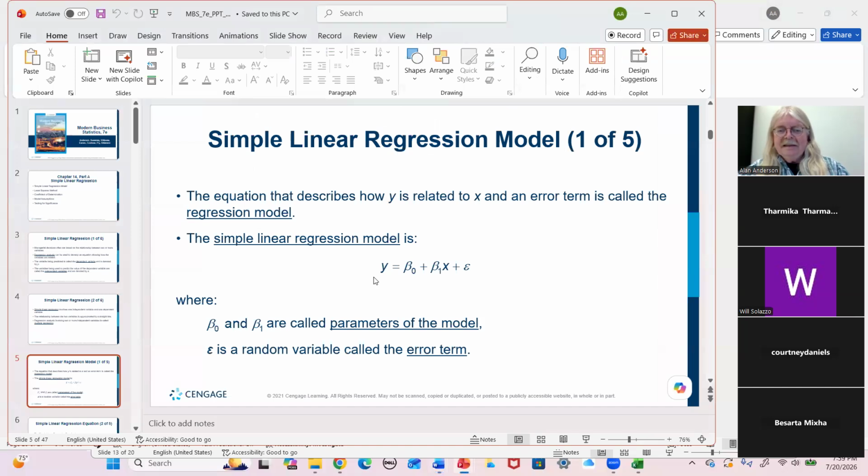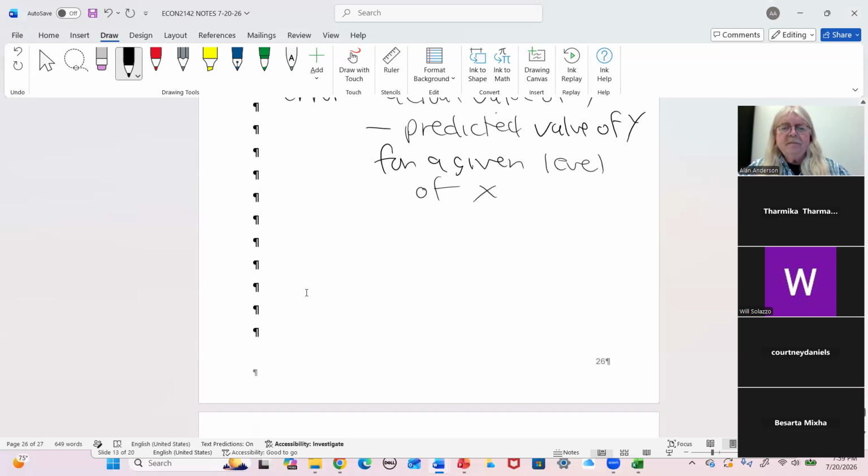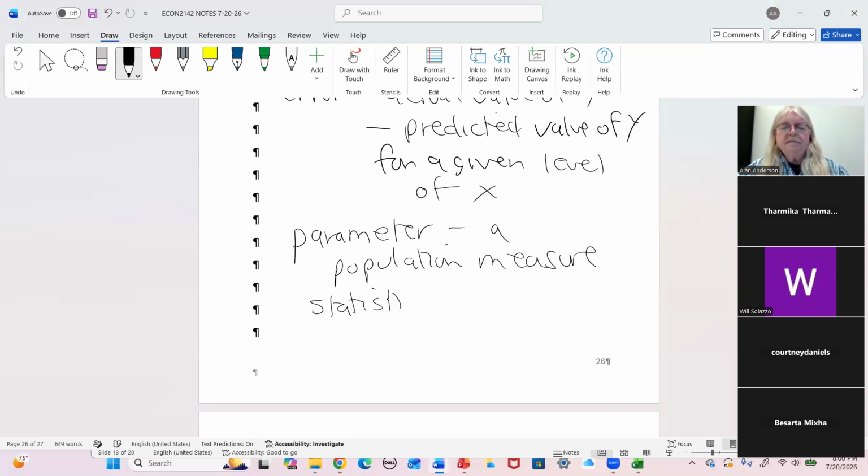Okay, so now the betas. The word parameter means a population measure. The opposite of that, as you may recall, is a statistic, which is a sample measure, like over here, such as mu.